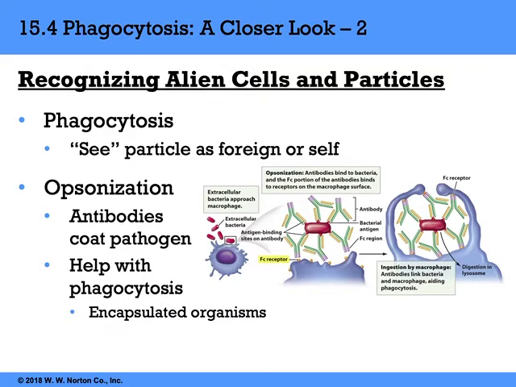Okay. So, to recognize an alien invader, we have to have a T cell receptor and an antibody that can bind to it effectively and tag it for destruction.